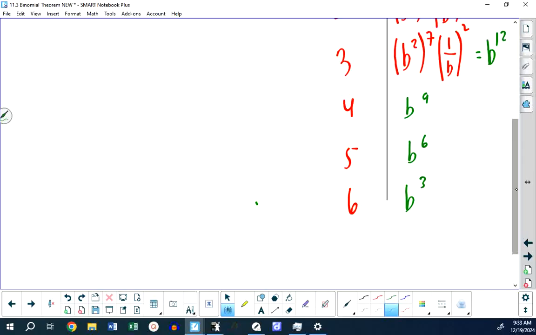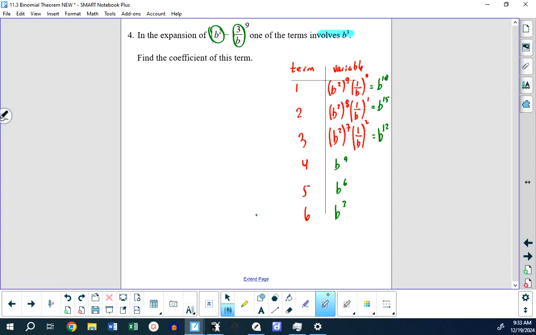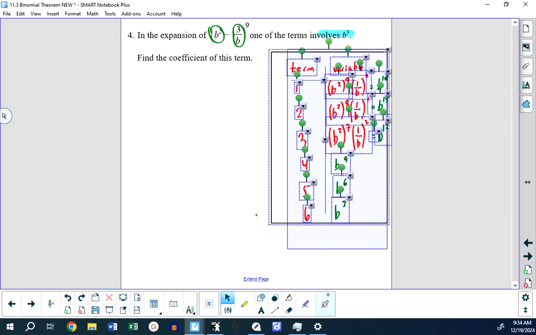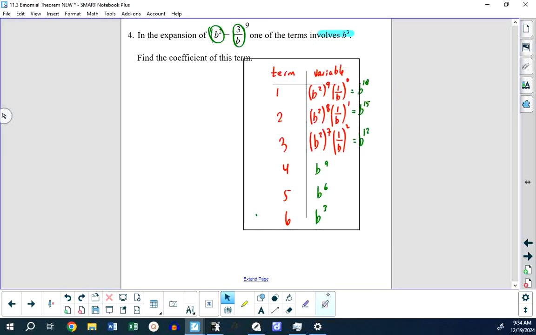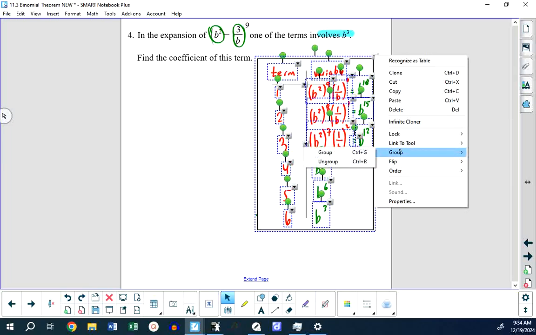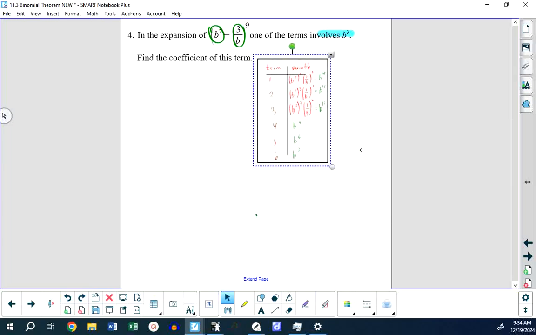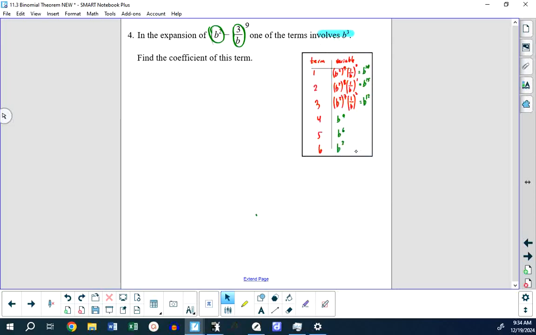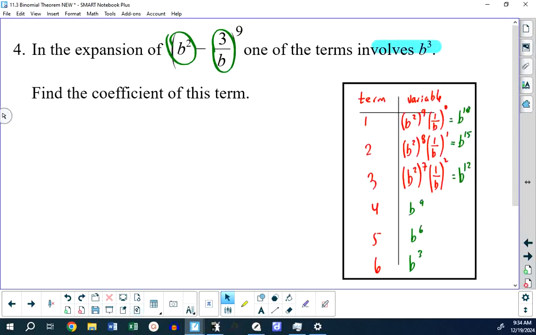And all of this that we've done here was done solely for the purpose of identifying the particular k value.